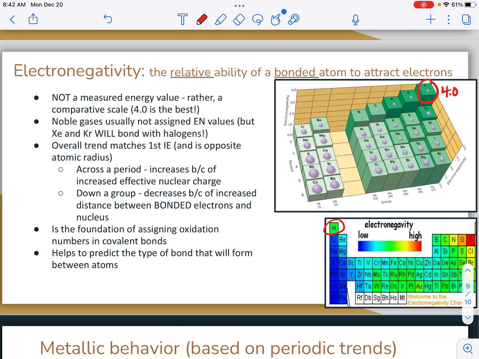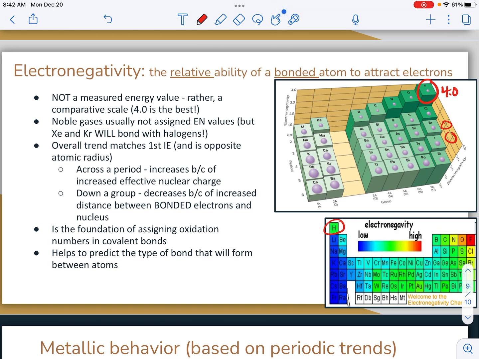Of course, they would be somewhere in here, and they're similar to, but lower than, bromine and iodine, mainly because of the fact that their energy levels are full. So just kind of keep that in mind.